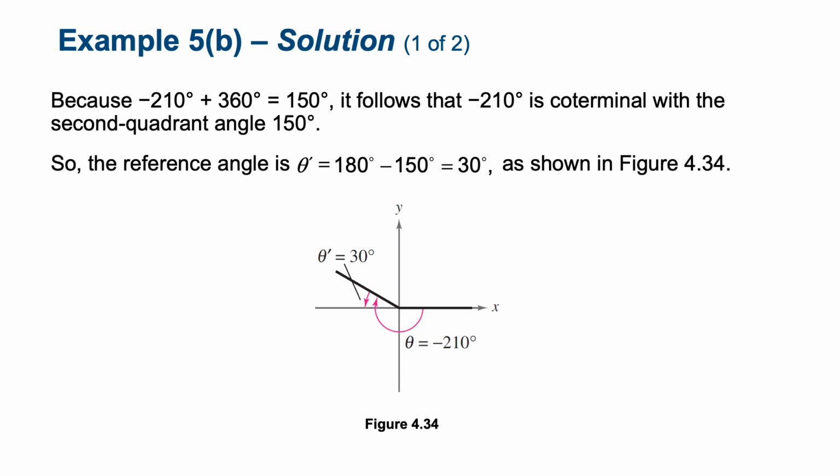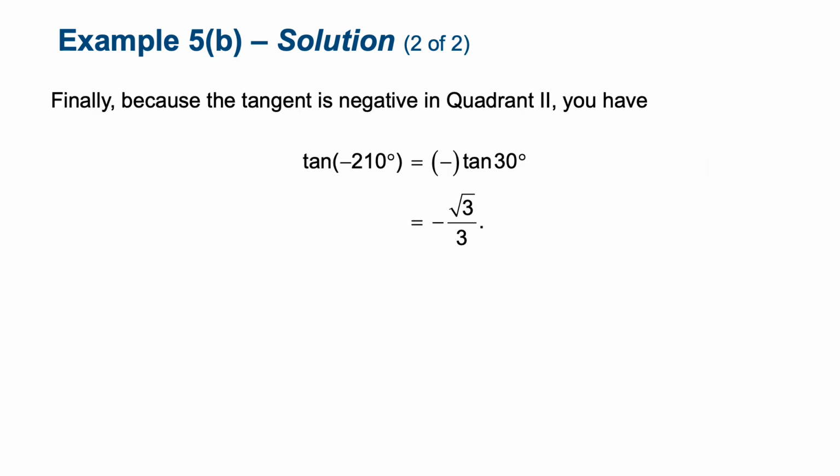We get 150, which is supplementary to theta prime, which is 30. So theta prime is 30. We know tangent is negative in quadrant 2, so tangent of negative 210 equals negative tangent of 30 degrees, which is negative root 3 over 3.